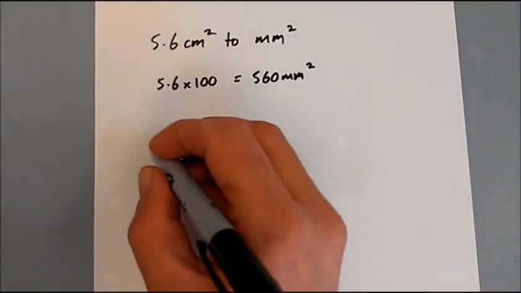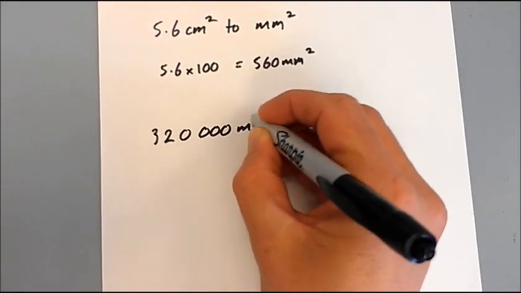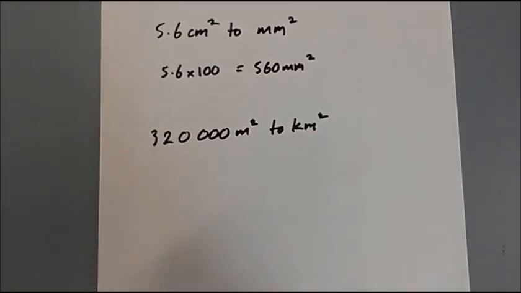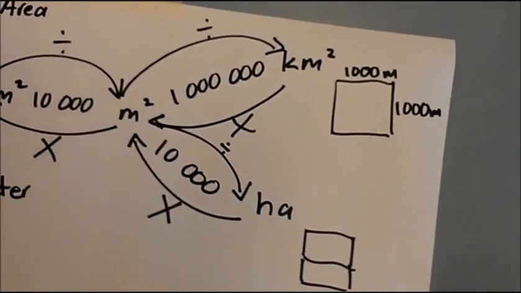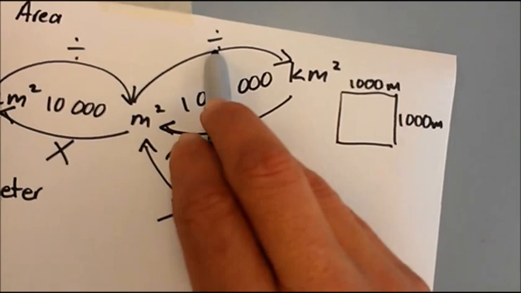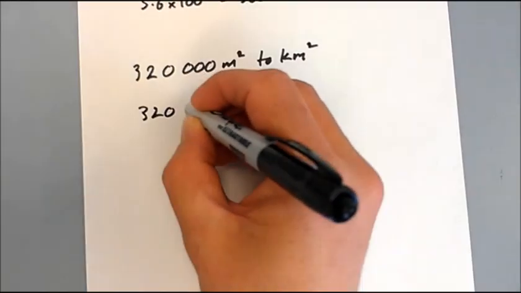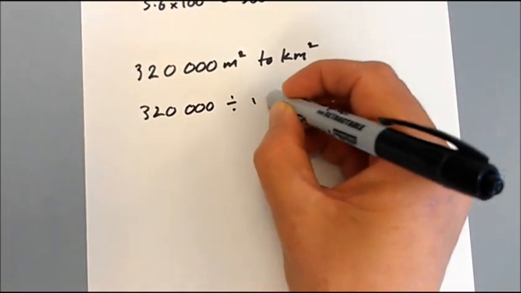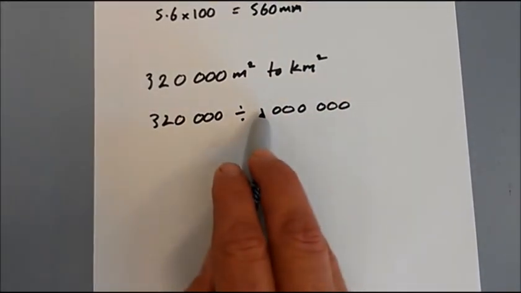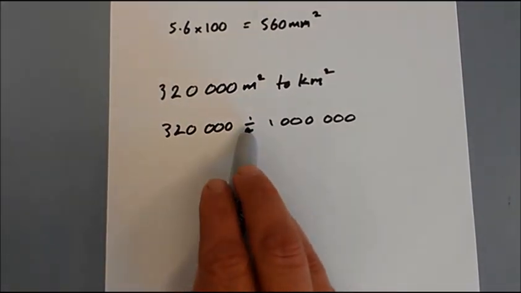Okay. If I wanted to convert something larger, like 320,000 square metres, and I want to take that to square kilometres, again, back over to my conversion caterpillar, square metres, follow it through to square kilometres, division by a million. So I want to take 320,000 and divide it by 1,000,000, which involves moving the decimal place 6 places, because it's division, to the left.